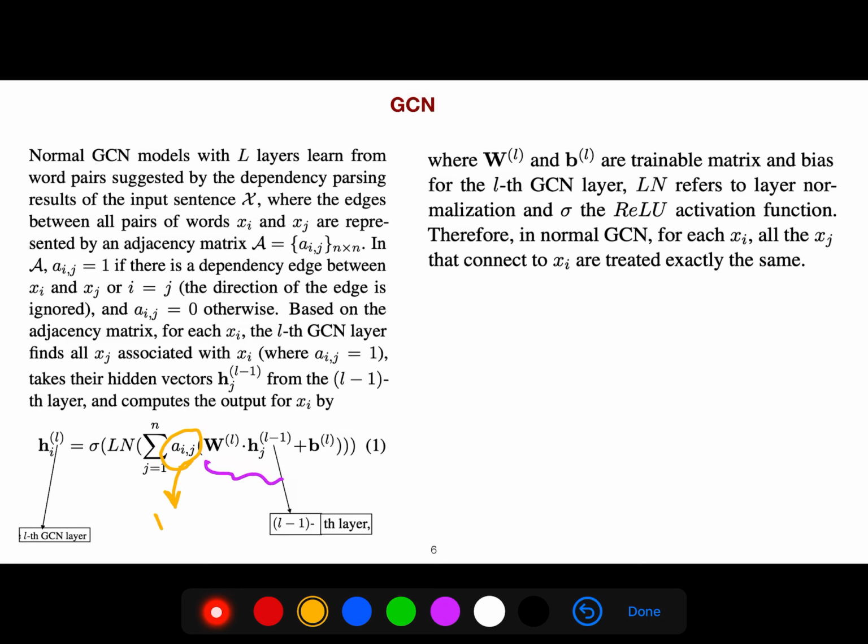If it is 0, it means ignore it. So it automatically ignores those that are not adjacent. So in this linear combination, we only care about those adjacents. So j is adjacent to i, from 1 to N. So i has some adjacent nodes in this graph.